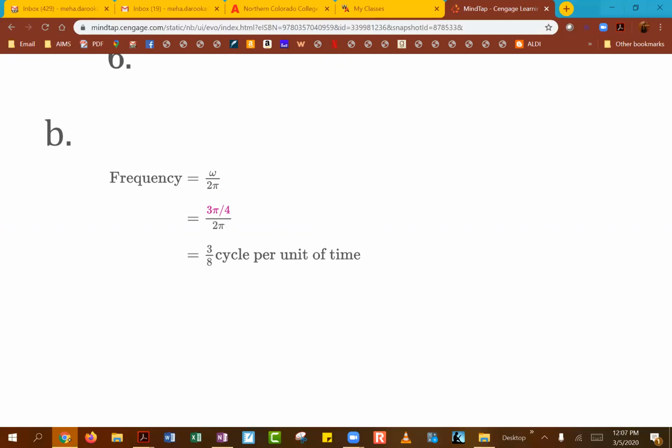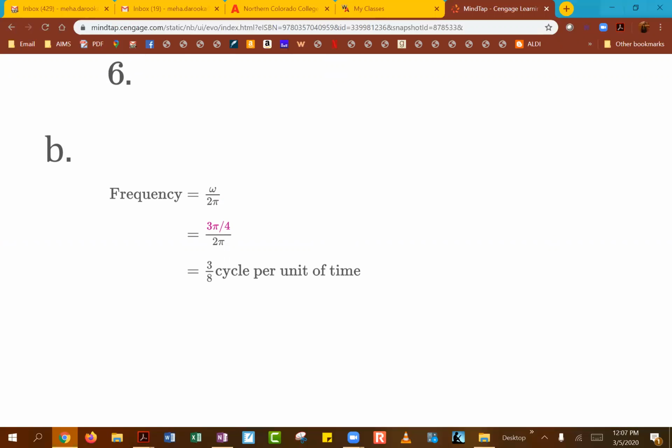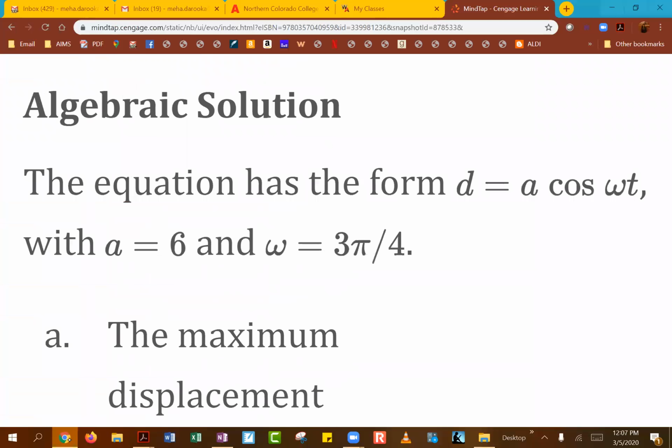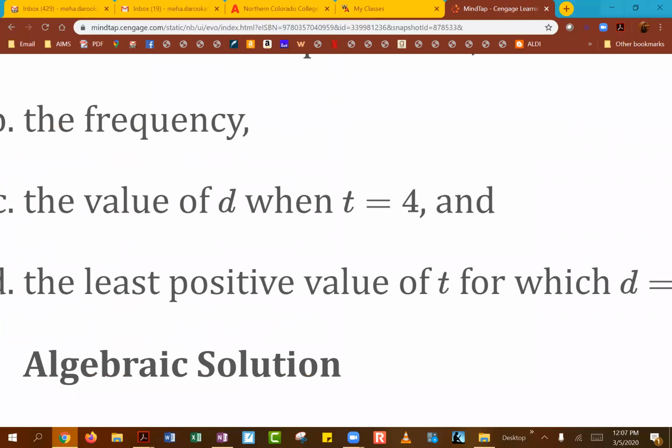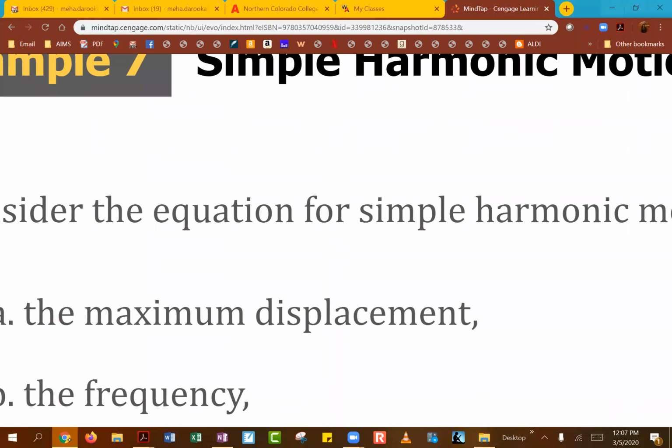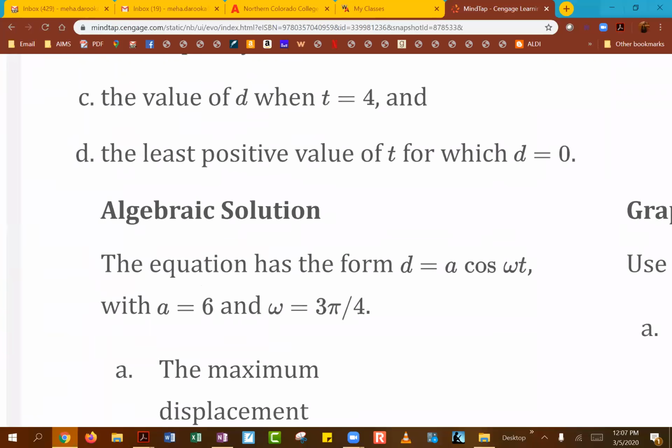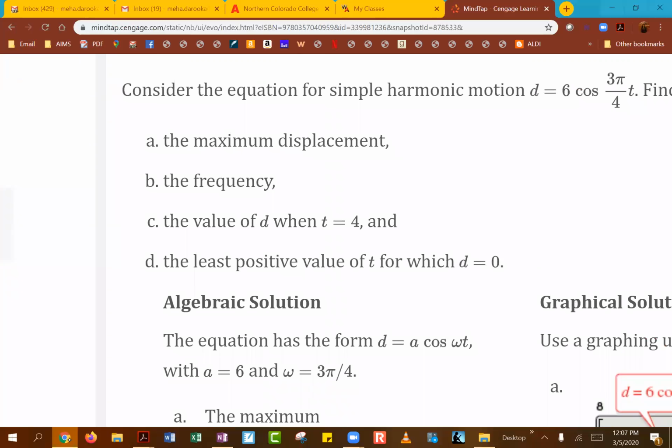The denominator of 4 you end up multiplying with 2, which is where that 8 is coming from. So you end up with 3 over 8 cycles per unit of time. I guess they haven't specified if we're looking at this in seconds or not, so we cannot say if it's minutes or seconds. You're just leaving it as unit of time.